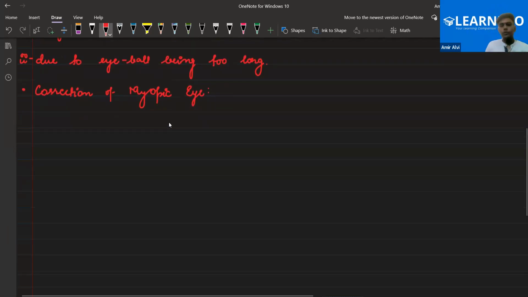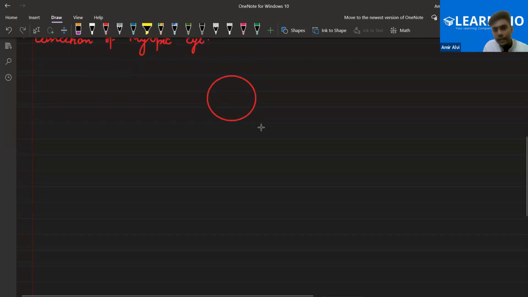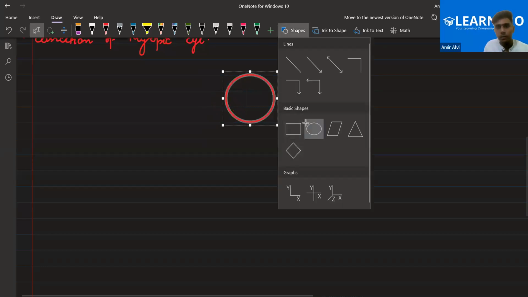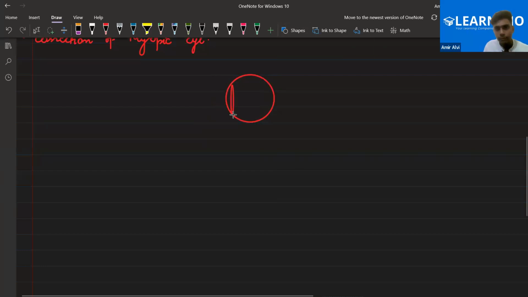First of all, let's understand how the rays get converged at the retina. Suppose this is the eye lens, this is the eyeball, and because we have the convex lens in the eye, it will be like this. As you can see, this looks like an eye.